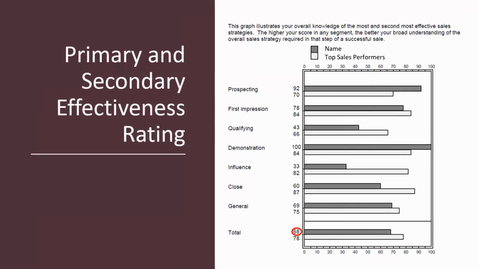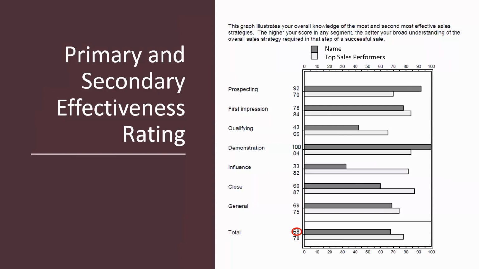Now, the second ranking is the primary and secondary. Remember, our applicant chose the most correct answer a portion of the time, and the second most correct answer a portion of the time. So this gives us a little bit of a different analysis. In prospecting, they scored the first or second choice as being the correct choice, 92 over our top sales performer, 70.